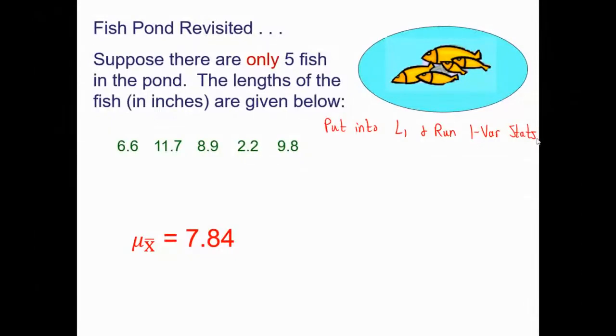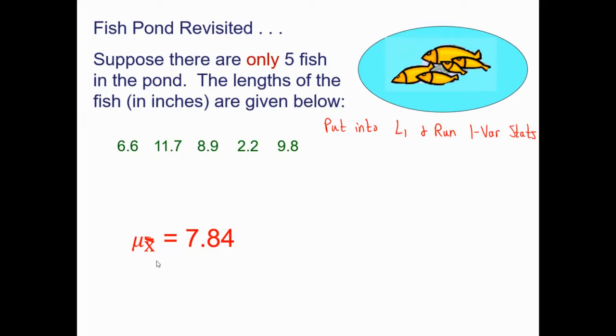It shouldn't have a bar right here because we're doing population. I just haven't edited the PowerPoint to get rid of it. So it should just be mu of x because this is our population. So mu is for population, and then X bar is for sample.